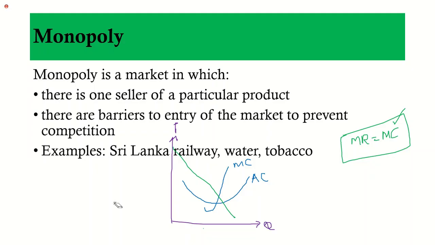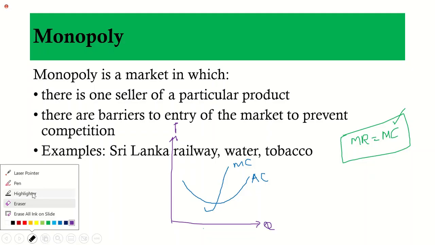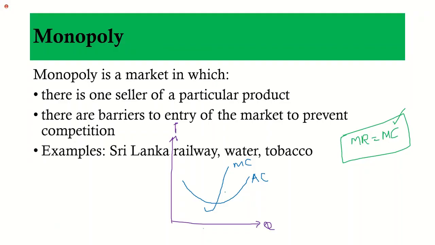So for any firm, the average revenue curve is actually the demand curve of the monopoly. So don't worry too much about this. I don't want to go into detail, but this is the average revenue curve of the firm, or in other words, the demand curve of the firm.